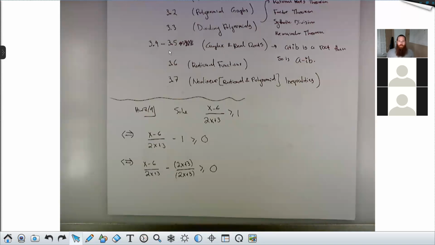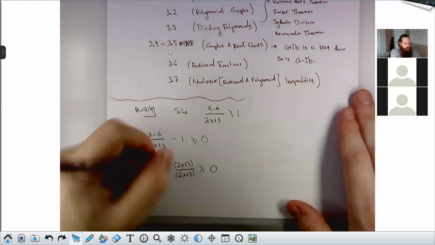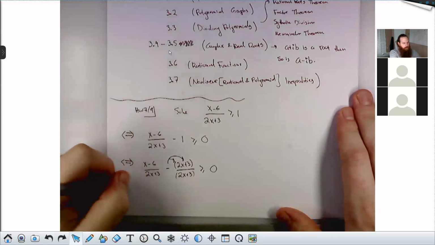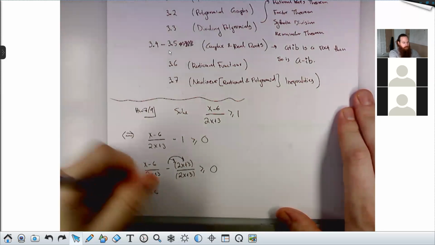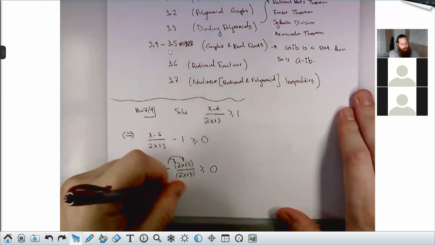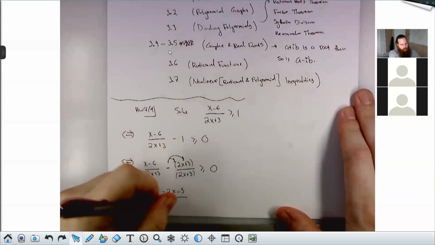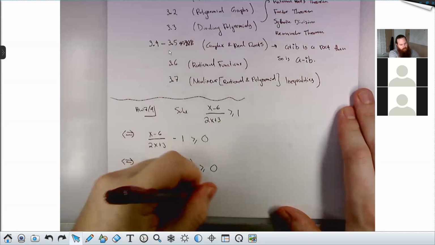And then I put those together into one fraction. That's the point of having a common denominator. When I do that, I need to make sure I distribute this negative to both the 2x and the 3. So I'll have x minus 6 minus 2x minus 3 all over 2x plus 3 is greater than or equal to 0.